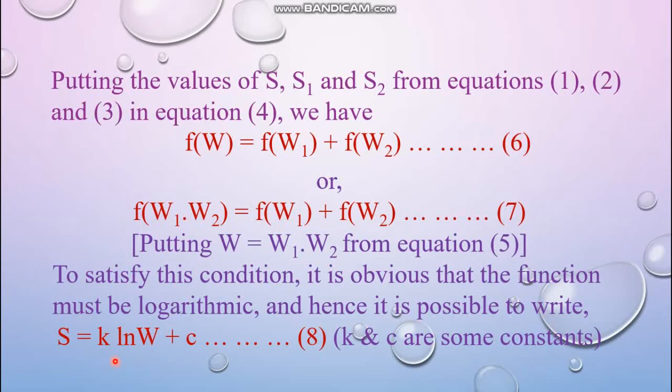R is the universal gas constant, molar gas constant, but k is the molecular gas constant. When you divide R by N0, Avogadro number, then you will get k. This is known as the Boltzmann constant.